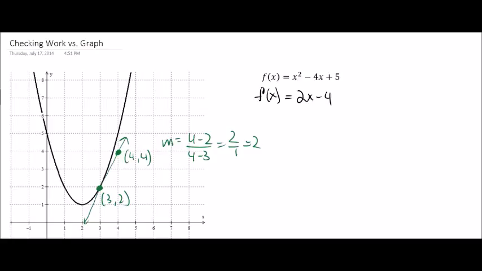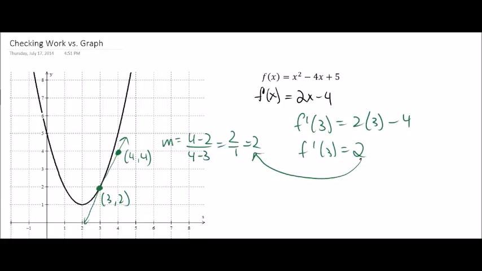Okay, so that means the slope of that tangent line should be 2. Well, let's see. If I substitute in the 3, I'm going to get 2 times 3 minus 4, which is, of course, 6 minus 4, or 2. So our graph seems to agree that we found our derivative correctly.